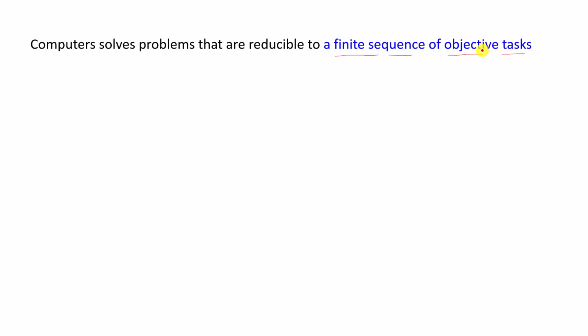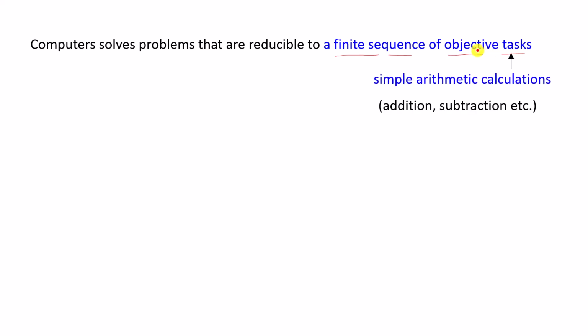What do I mean by objective task? In the context of scientific computing, it has to be a simple arithmetic calculation, like addition, subtraction, etc. If there is a problem that I can solve using these kinds of simple arithmetic calculations repetitively, then that problem I can program in a computer.